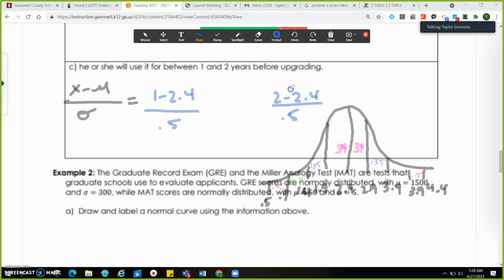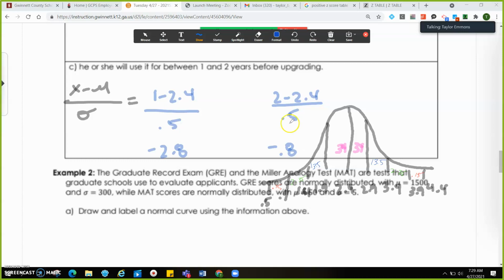The reason I have to do both is that I'm trying to find the probability between those 2 years. 1 minus 2.4 divided by 0.5 gives me negative 2.8, and 2 minus 2.4 divided by 0.5 gives me negative 0.8. So you go to your z-score table, pull both of those probabilities, and then subtract them.